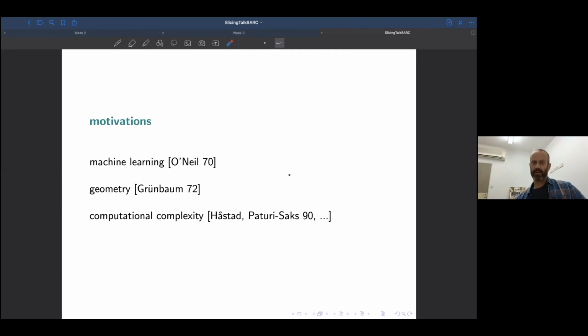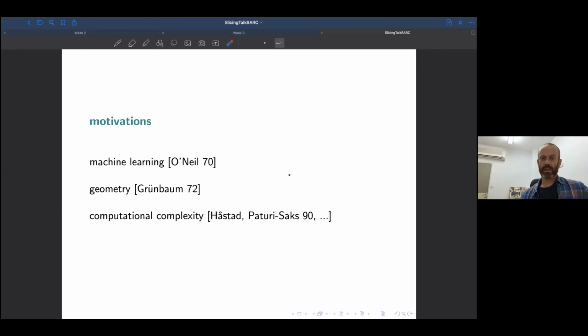And this question was studied for many years, starting in the 1970s. O'Neill studied it with motivation from machine learning that came from the perceptron's book, or the perceptron idea, that is one of the first ideas in machine learning. It was independently studied by Grunbaum in the context of geometry.